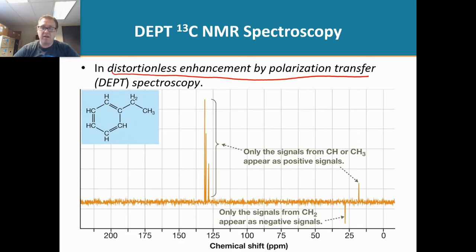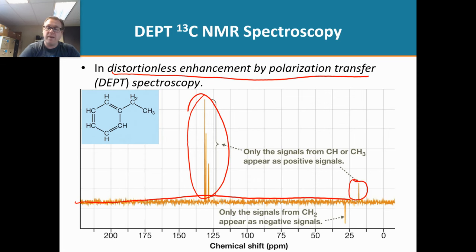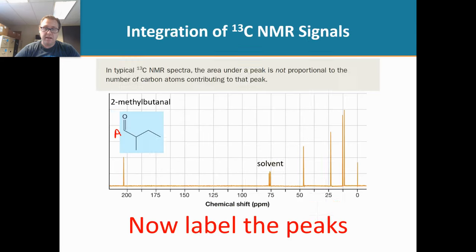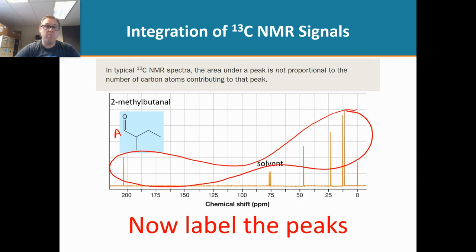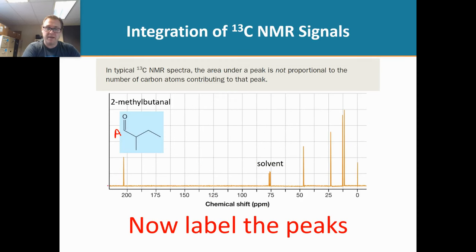So what we see here in this spectrum here, do you see how we have signal right here above the baseline, and we have signal below the baseline? Now compare that to this NMR. All these signals right here are above the baseline, and the baseline is right here.